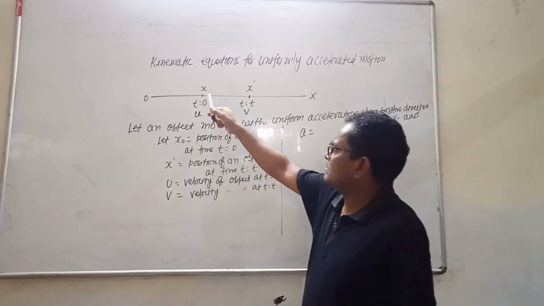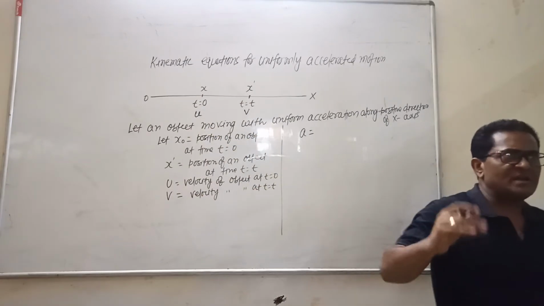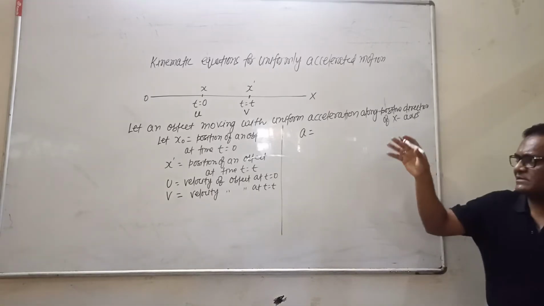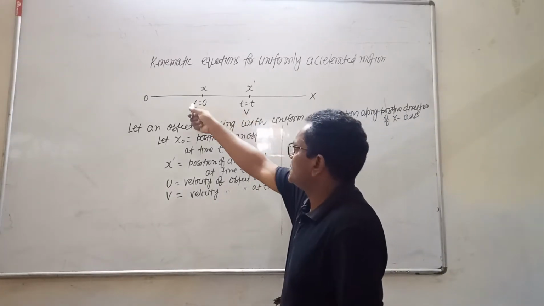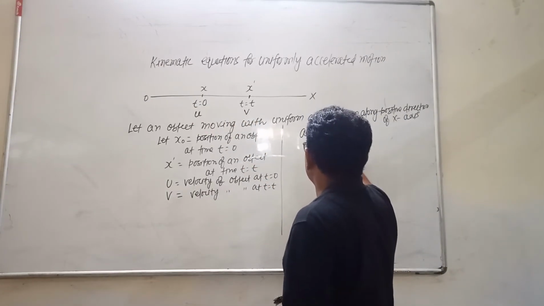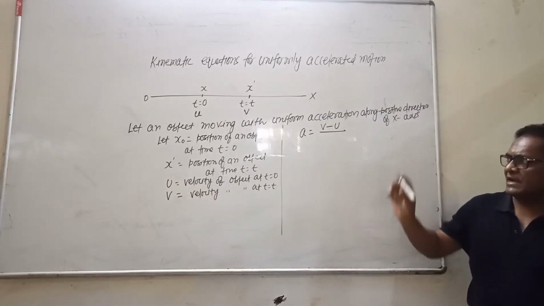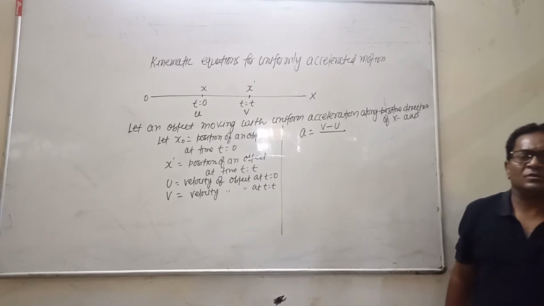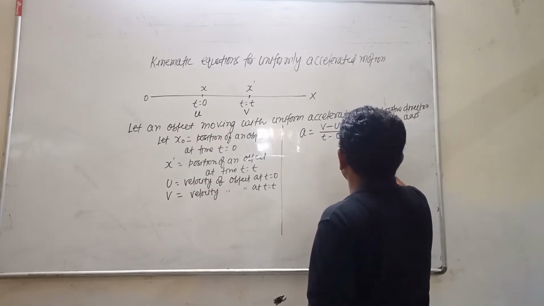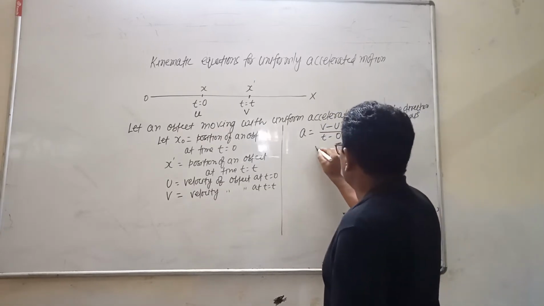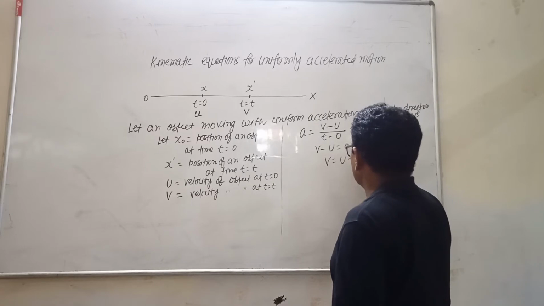So when the particle goes from the position x to x dash, in that interval the change in velocity is given by final velocity minus initial velocity, v minus u, and the time interval is t minus 0. So this becomes v minus u upon t. Do cross multiplication. So v minus u equals at, and v equals u plus at.